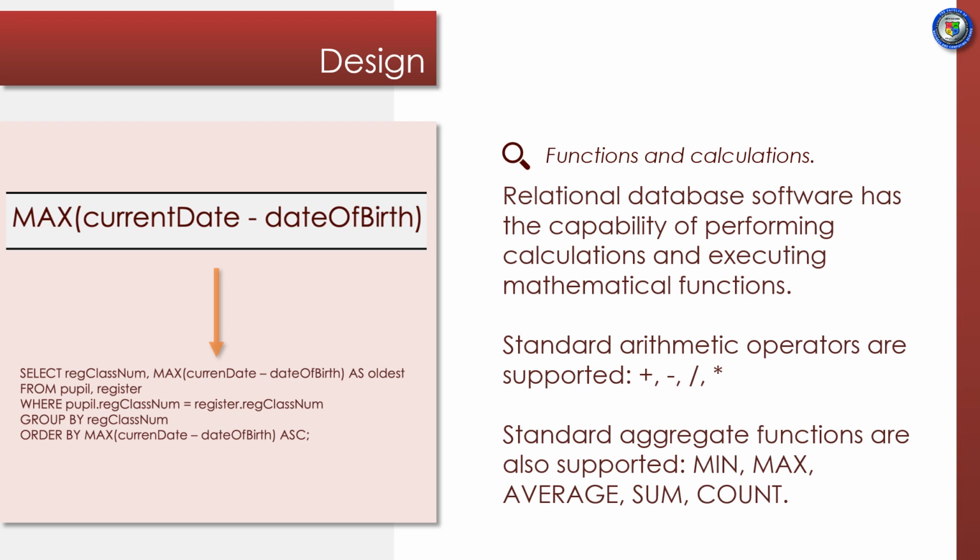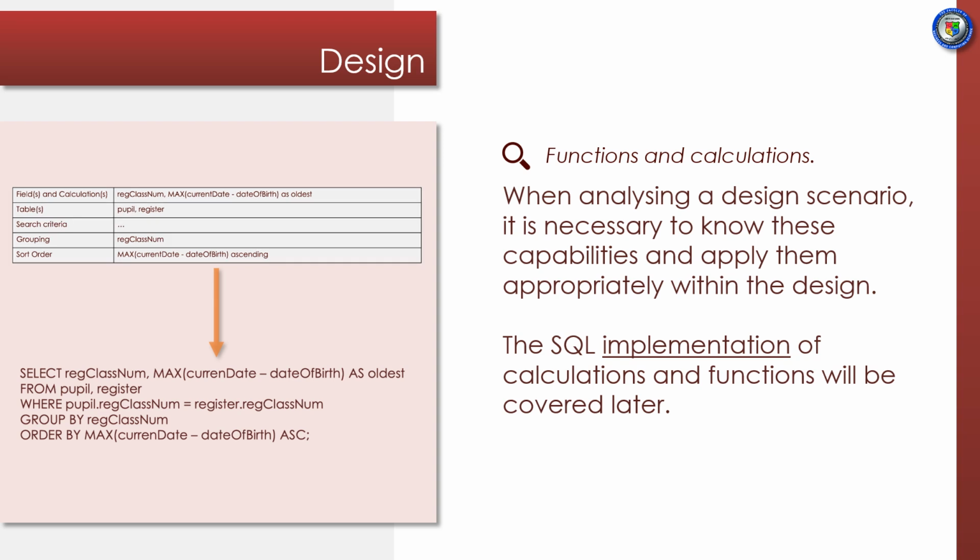On top of that, we can also use standard aggregate functions such as min, max, average, sum and count. When we're designing a database operation from a scenario, it's necessary to know the capabilities and apply those appropriately within our design. We will look at SQL implementation of calculations and functions later.